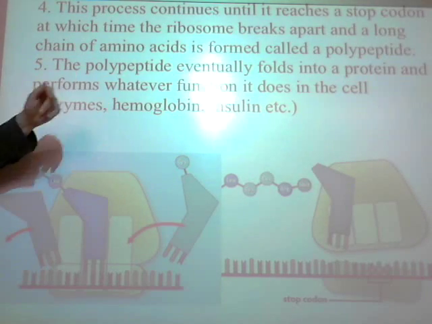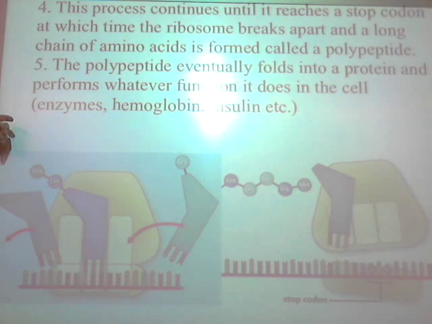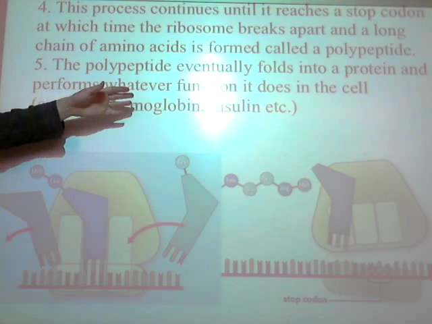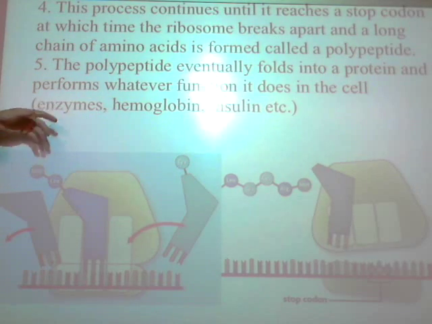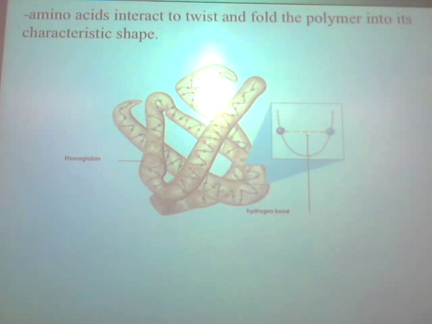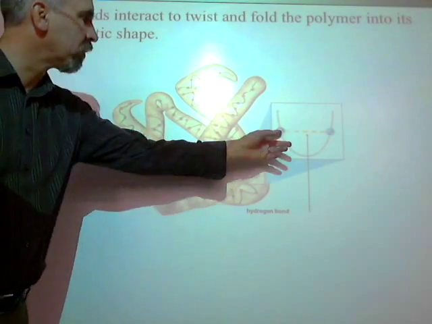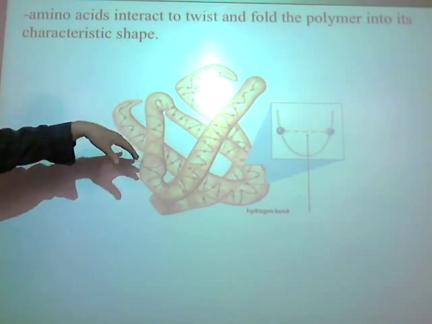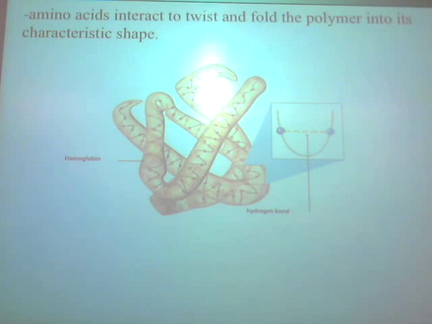And these are just examples of proteins in your body. Any enzymes, hemoglobin is the one there's a picture of, insulin, okay? There's a picture of hemoglobin folded up. I think you have that on the bottom there. It folds because of hydrogen bonds between neighboring amino acids. And that's what makes them fold into the shape that makes them work.